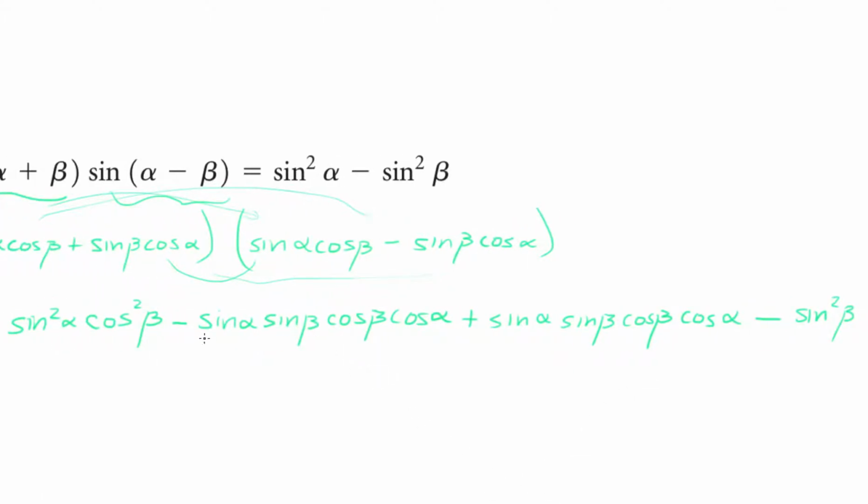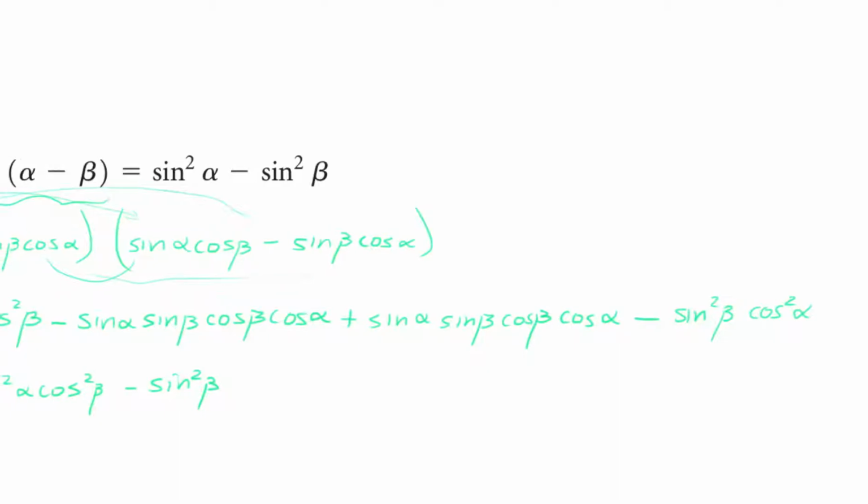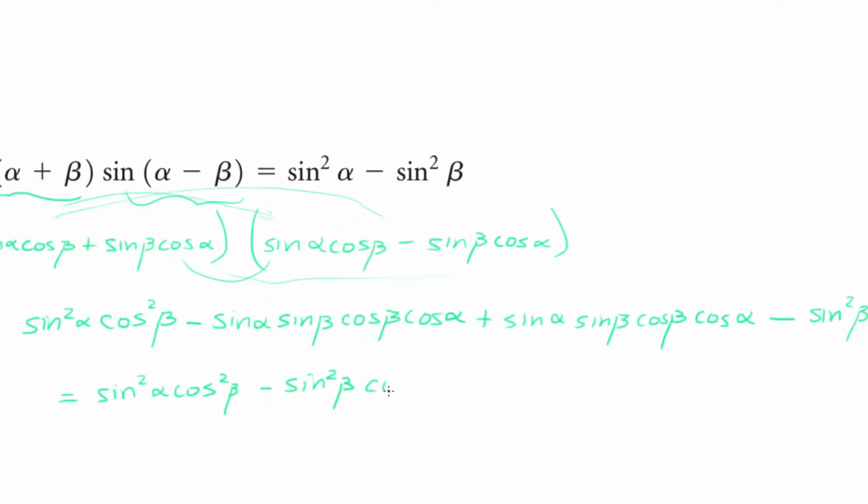Now notice that the middle terms equal 0. You're left with sine squared alpha cosine squared beta minus sine squared beta cosine squared alpha. Okay.